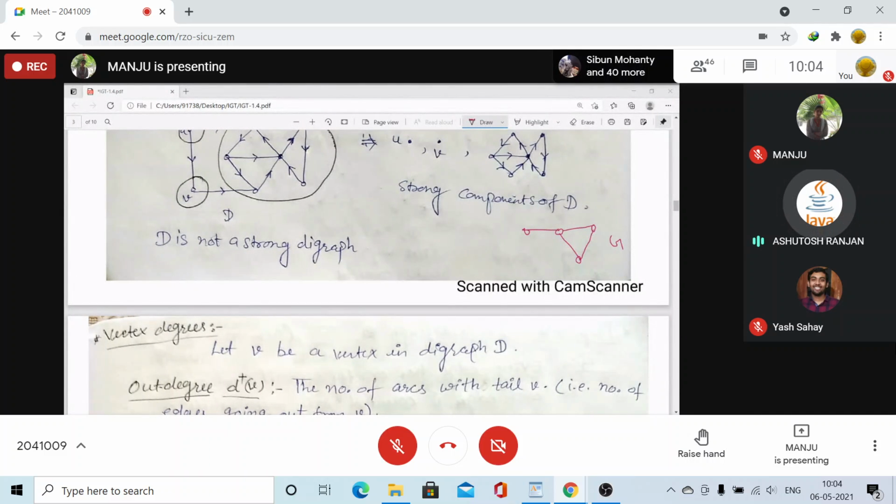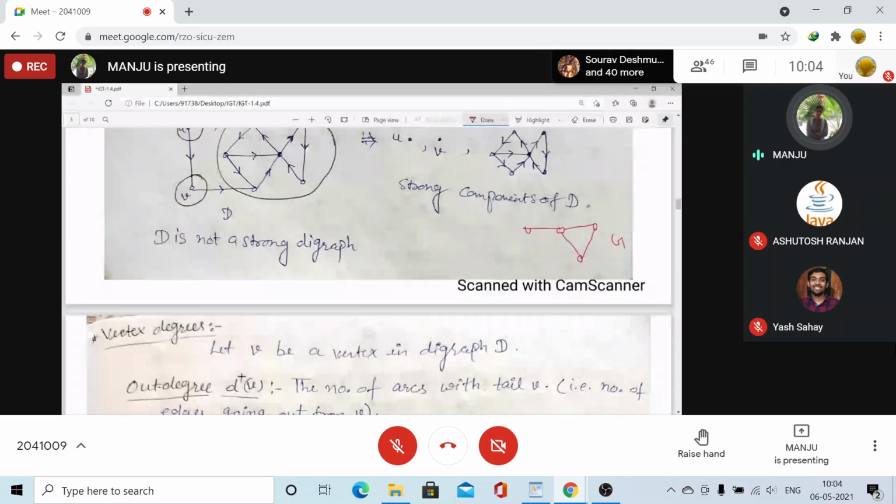Number of incident edges. Number of incident edges to the particular vertex is known as its degree, right? Yes. So here degree is 2, 2, 3, 1, right? Here we don't have any direction.